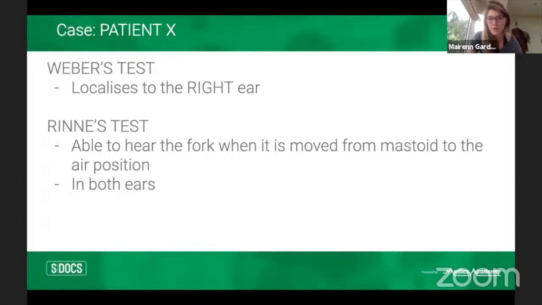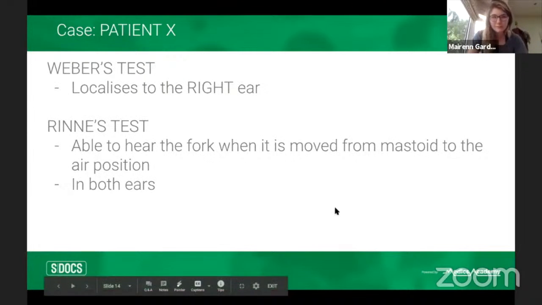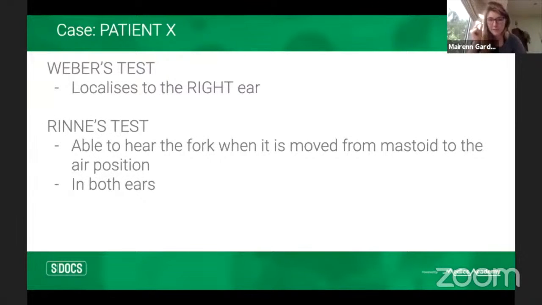So this person has left sensory neural hearing loss. I'm just going to go over this one more time just to really drill it in and make sense. The fact that when you move the tuning fork from the mastoid process to the air position, the patient can hear it, and when you do it on both ears, suggests that it's sensory neural hearing loss because air conduction is better than bone conduction.